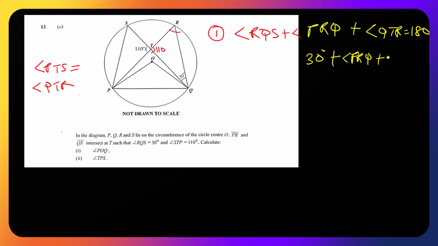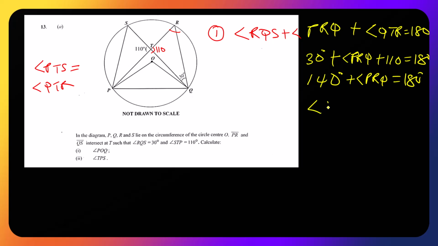So we have 30 plus 110 equals 140, plus angle PRQ equals 180.